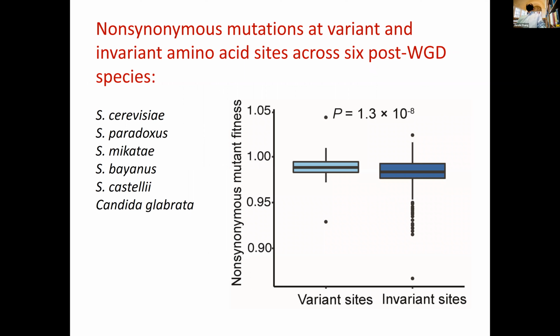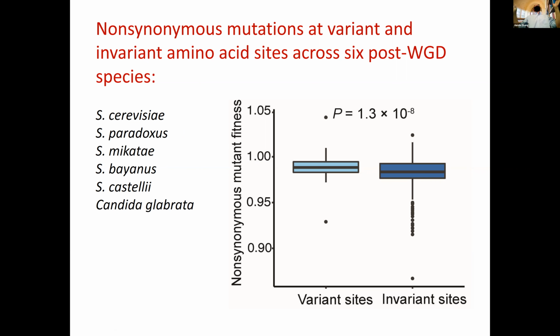Our fitness is measured in YPD at 30 degrees. YPD is a commonly used rich media for yeast in the lab. Does that fitness measured in the lab have any biological or evolutionary relevance? So we compared with evolutionary data. We had an alignment of 6 species that are all after the whole genome duplication in yeast evolution.